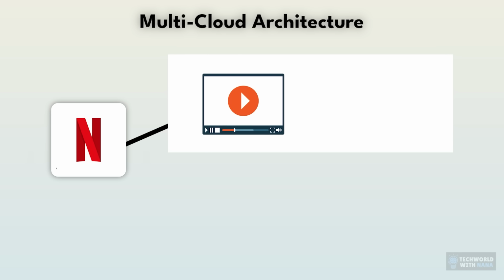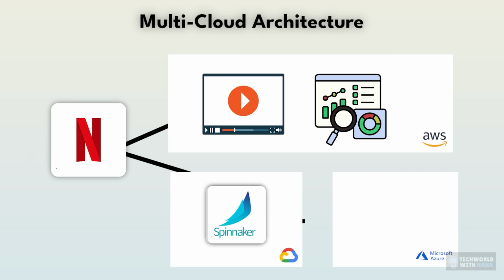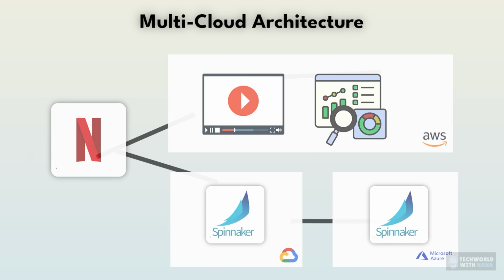Netflix, for example, runs most of its infrastructure, including streaming and large-scale analytics, on AWS, but its open source tools like Spinnaker are explicitly designed to support additional cloud platforms such as Google Cloud and Azure for multi-cloud deployments.